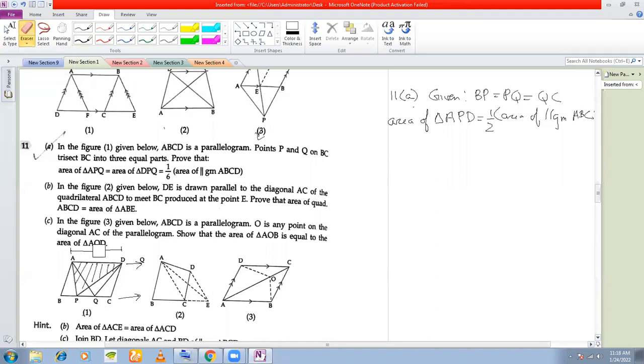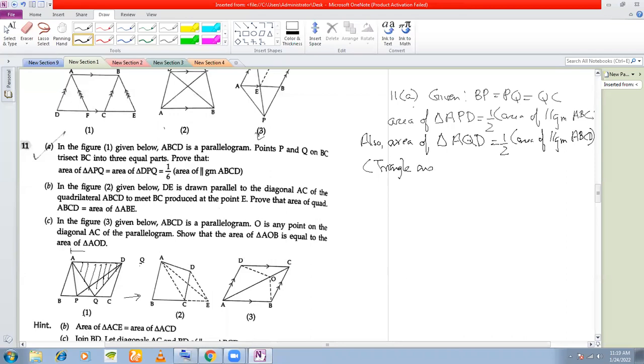Also, not only this triangle, what about this triangle? It lies on the same base and between the same parallel lines. So we can also say area of triangle AQD is equal to half area of parallelogram ABCD. And what is the reason?